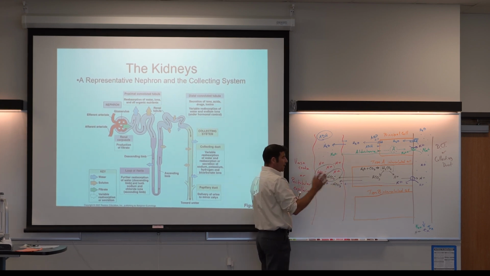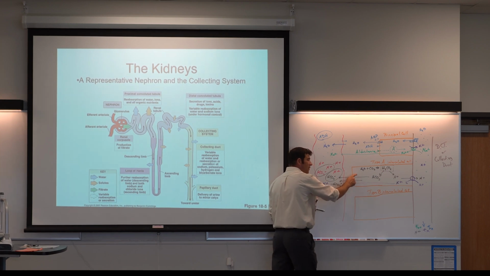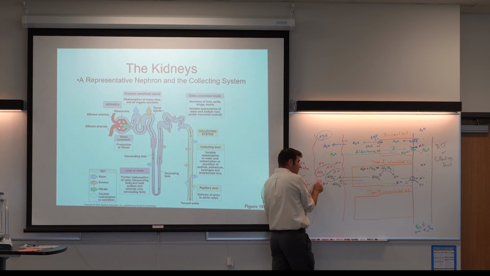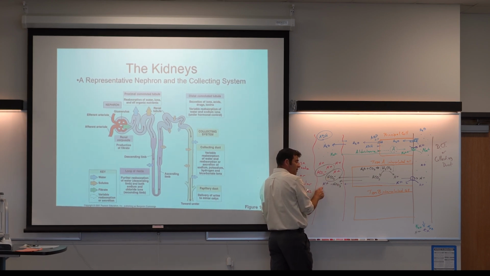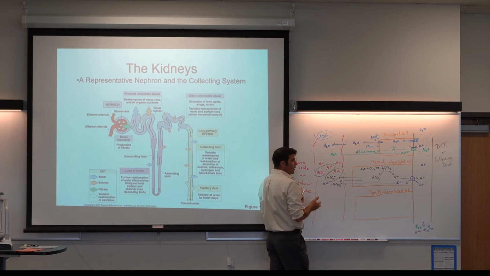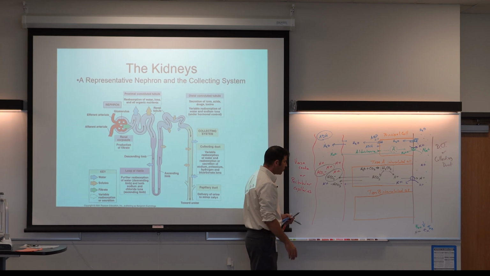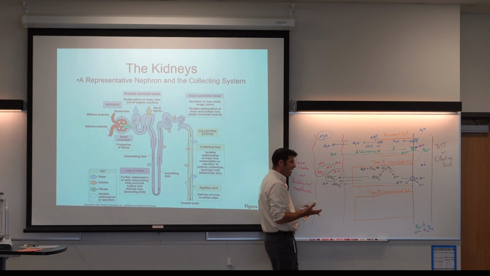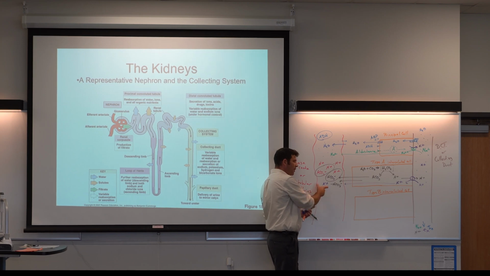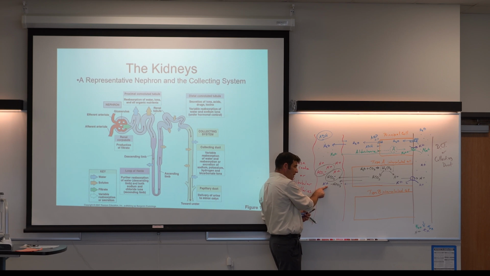Just to say, type A intercalated cells neutralize the acidity of the blood by adding this bicarbonate, but what they also are adding is this potassium ion. We mentioned, or we may not have mentioned before, but there is a tight regulation on the concentration of potassium ions in the bloodstream. Too few of these potassium ions is what we call hypokalemia.